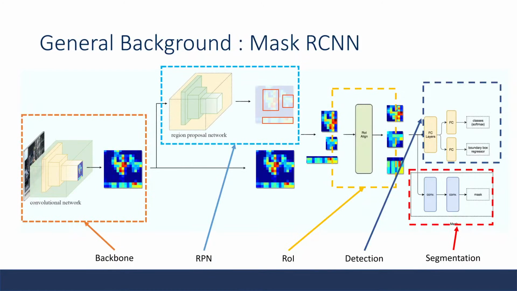Each anchor's features will be extracted and passed through the region of interest network that can unify the size for each anchor, and then the unified features will pass into the detection and segmentation heads.